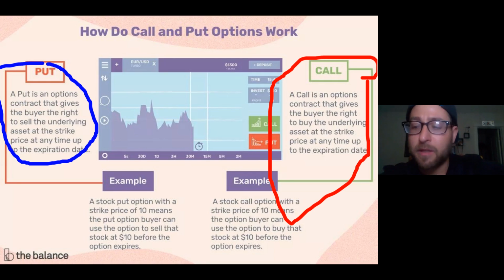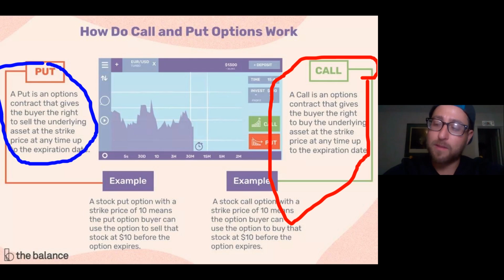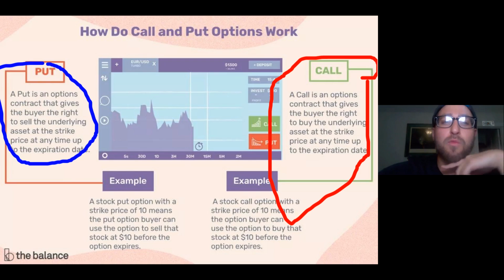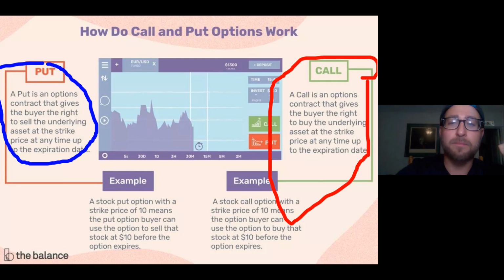A put gives you the right to sell. When you want to sell, think sell equals short. So short sell, sell short. They both start with the letter S, and it gives you the right to sell. With a put option, when you buy a put option, you want it to go down in value.